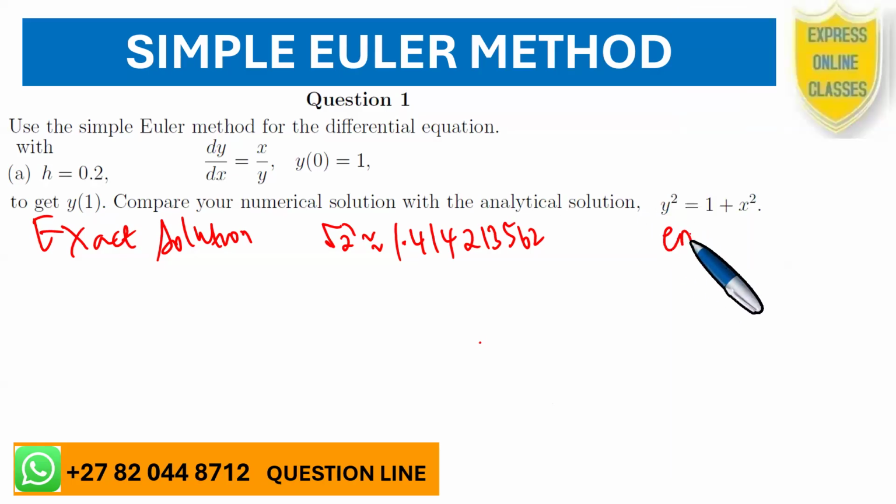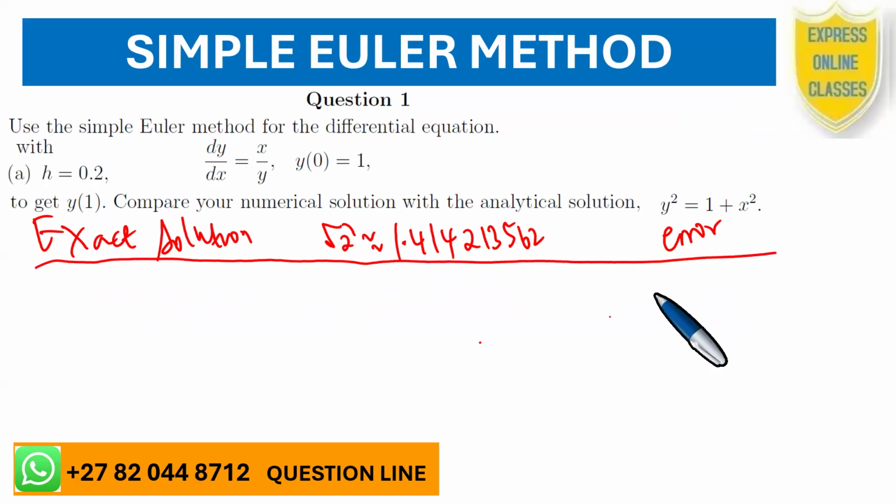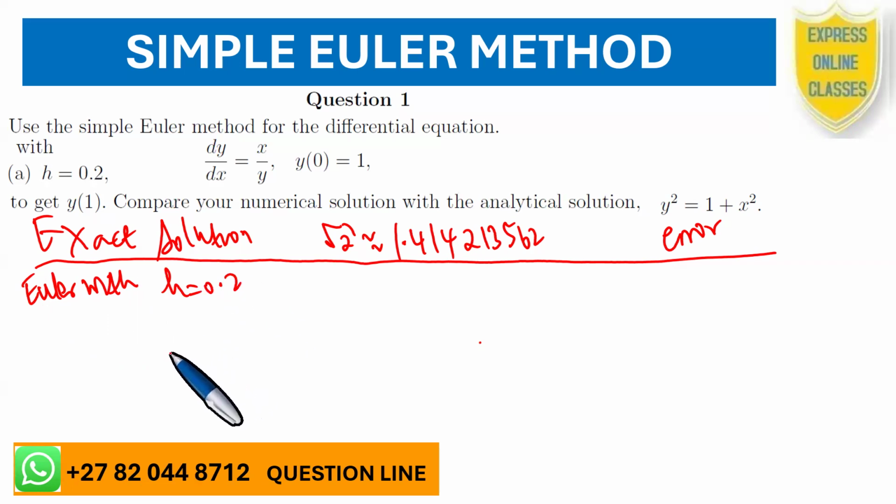Then you'll also do the error. Then you'd have the Euler with h equals 0.2.